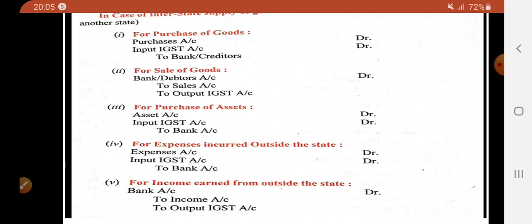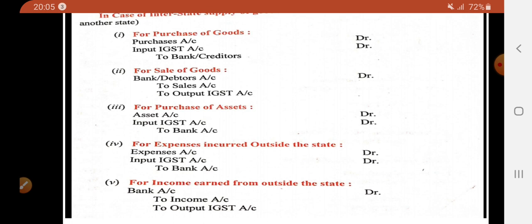So if we are receiving check, we'll debit the bank account. If cash, we will debit the cash account. To income account, whatever income we have received from outside the state, we will credit, and along with that we will even collect the output IGST with the income earned.